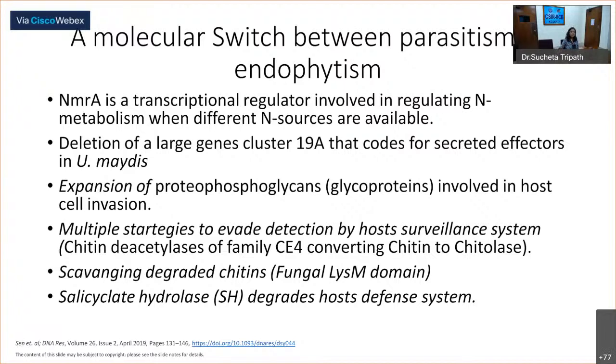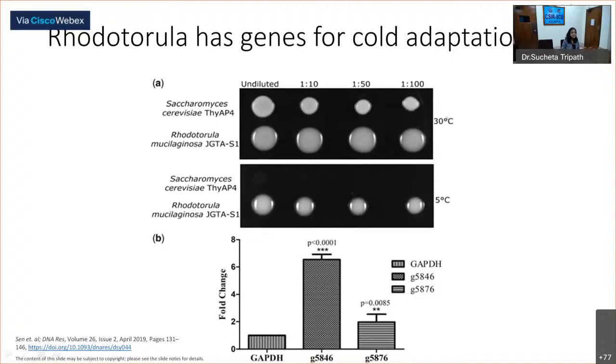So these are some of the very interesting things that we have found out by dissecting the genomes of these organisms. And not only that, as I showed you earlier, this organism has a very good similarity with another species which is isolated from Antarctica. And of course, we are interested to see whether it has genes responsible for anti-freezing.